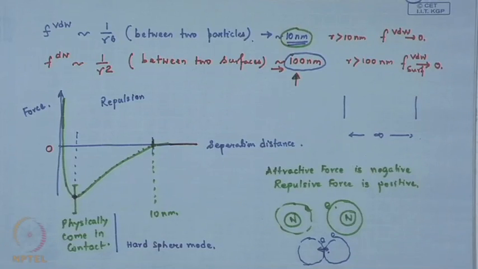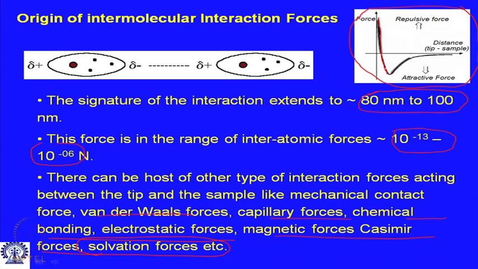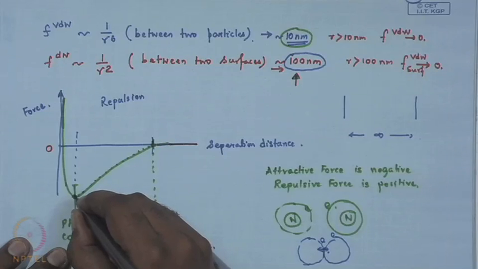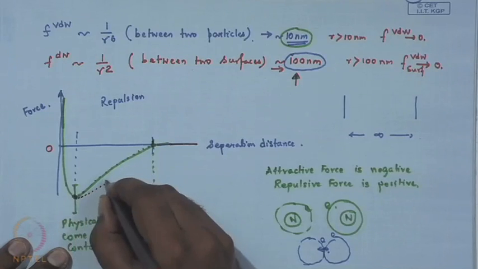So, we have drawn this for, let us say, two particles. If we now consider it for two surfaces, the nature of the curve will be roughly the same.